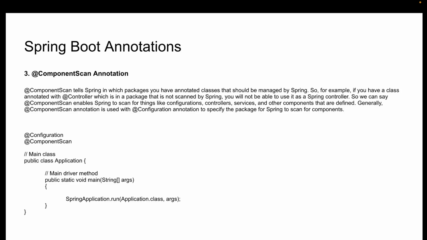Let's say we have written our repository class, so on that class level we have annotated it with @Repository. And let's say we have some service class, we have annotated it with @Service at the class level.